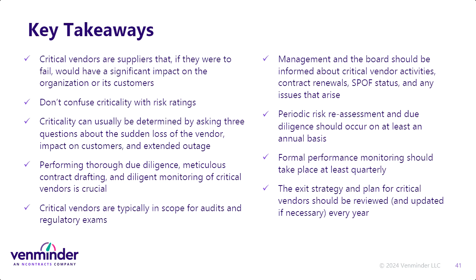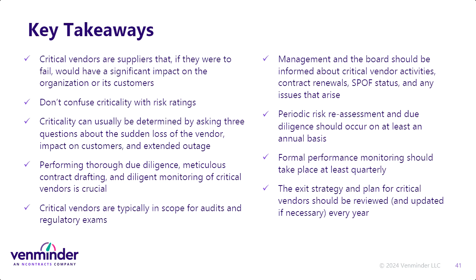Managing critical vendors effectively involves thorough due diligence, careful contract drafting, and ongoing monitoring at the highest oversight level. Your critical vendors are usually going to be in scope for your audits and regulatory exams, and senior management and the board should always be informed of your critical vendor activities, contract renewals, those single point of failure vendors, and any issues that you have with your critical vendors.